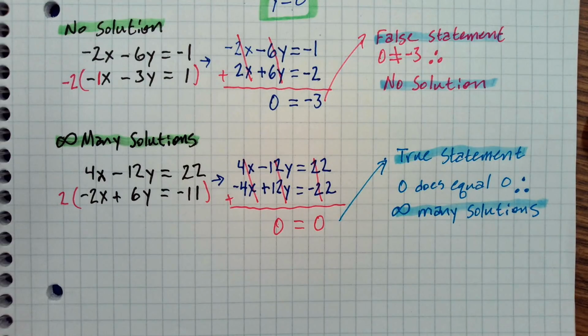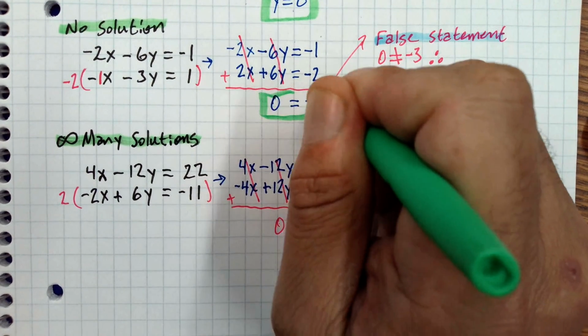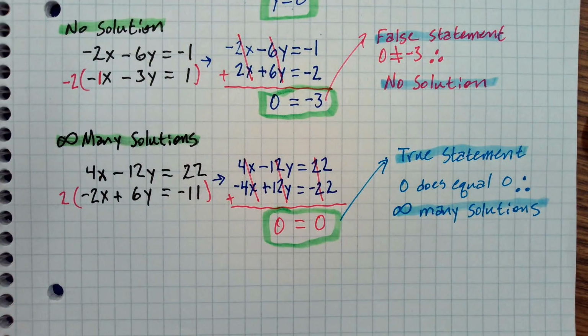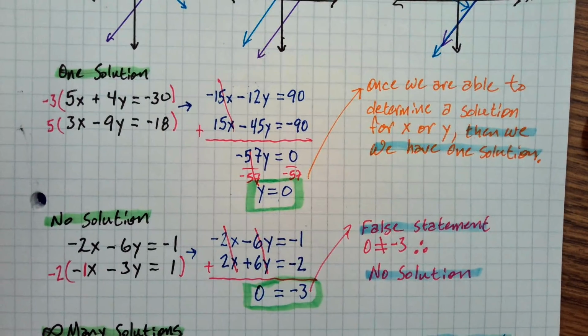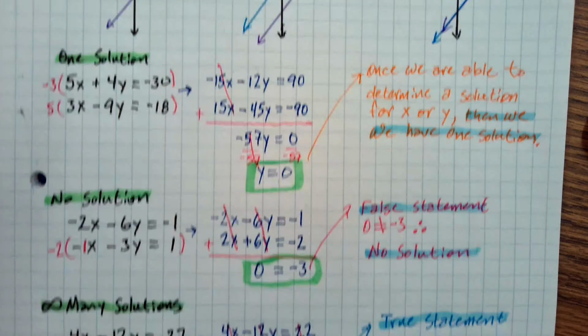Okay. So I just want to point out on the assignment, and when you're doing this, what you want to look out for, guys. Okay, so if we're solving a system, and you end up at some point halfway through the process with x equals something or y equals something, you got one solution.